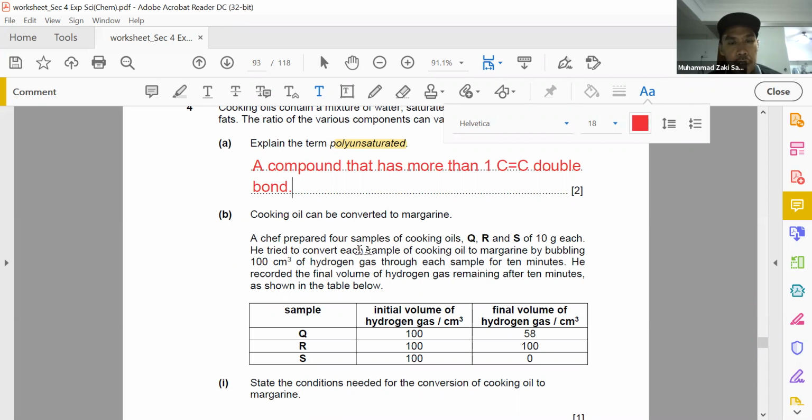He tried to convert each sample of cooking oil to margarine by bubbling 100 cubic centimeters of hydrogen gas. Initially all cooking oils have carbon double bonds. But once you add hydrogen, the cooking oil will turn to margarine, and that margarine will not have carbon double bonds.